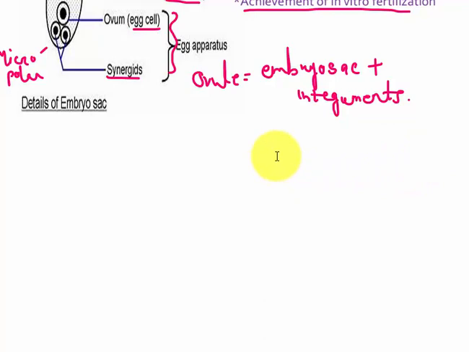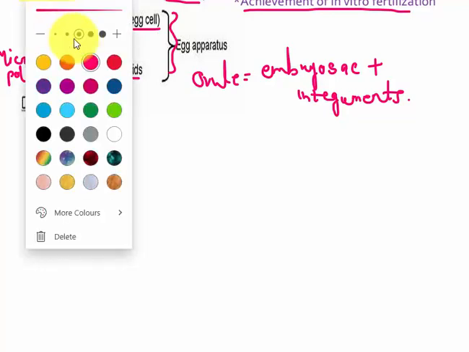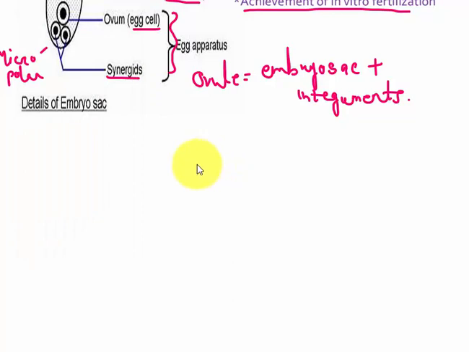One is direct method and one is indirect method. And the indirect method always follows an intervening sequence, that is the callus formation. So one is direct method, one is indirect method.